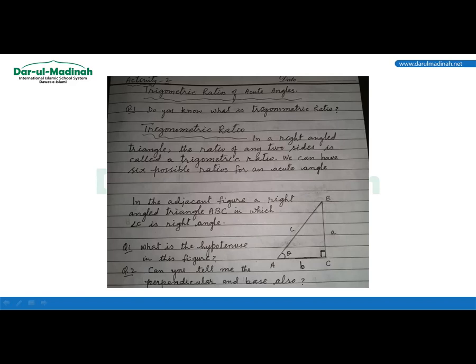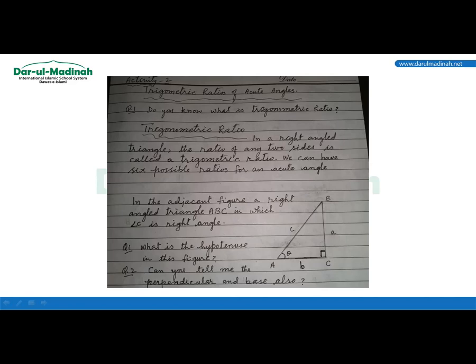In this figure, what is this? Perpendicular. And what is this? Hypotenuse. If we are taking the ratio of perpendicular and hypotenuse, it is a ratio. But we are discussing a right angle triangle, so it is called trigonometric ratios.